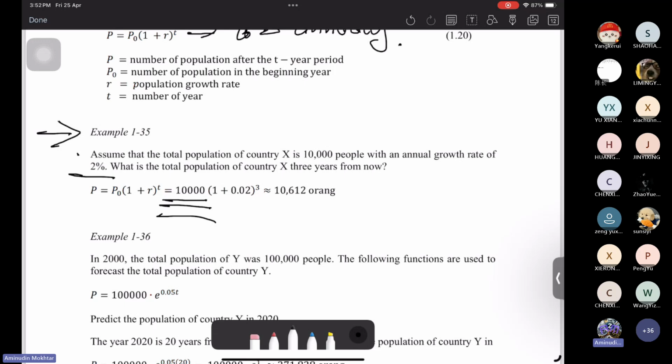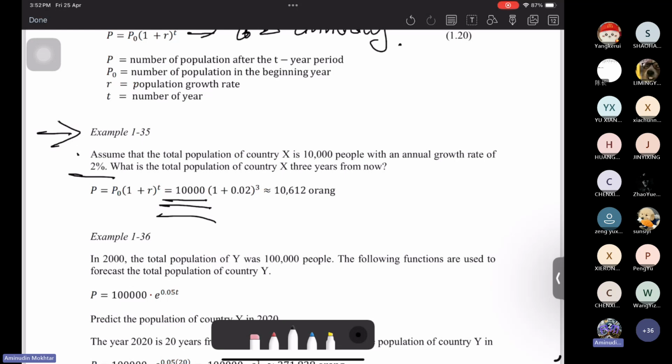Now we just find the value of P, the total population 3 years from now. So P equals the original 10,000 times (1 plus 0.02) to the power of 3. So the answer is 10,612 people, for the Malaysian case.